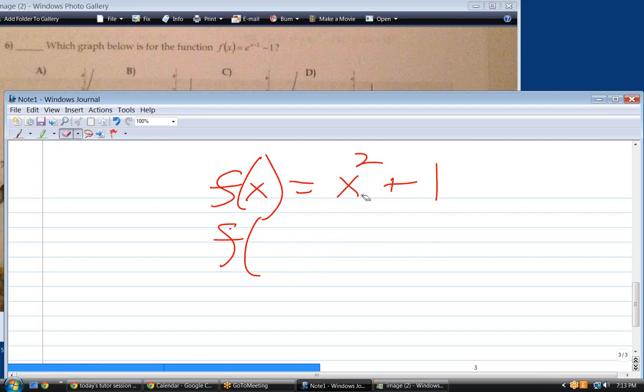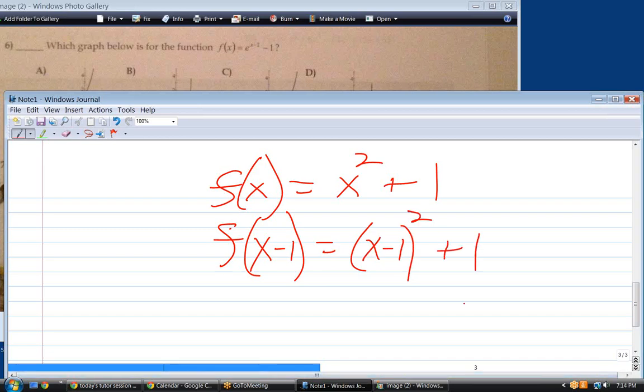That's what you did. You substituted 2 for x. Well, what is this equal to? It would be x squared. Well, first of all, you just substitute x minus 1 for x.